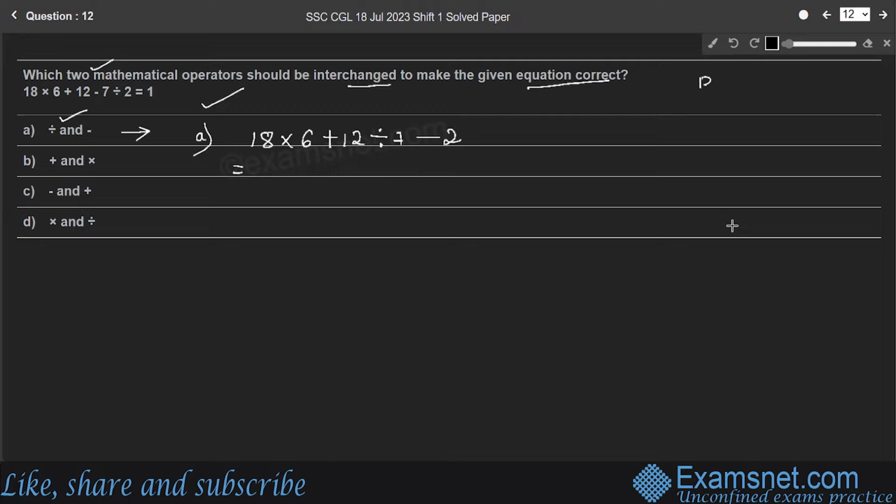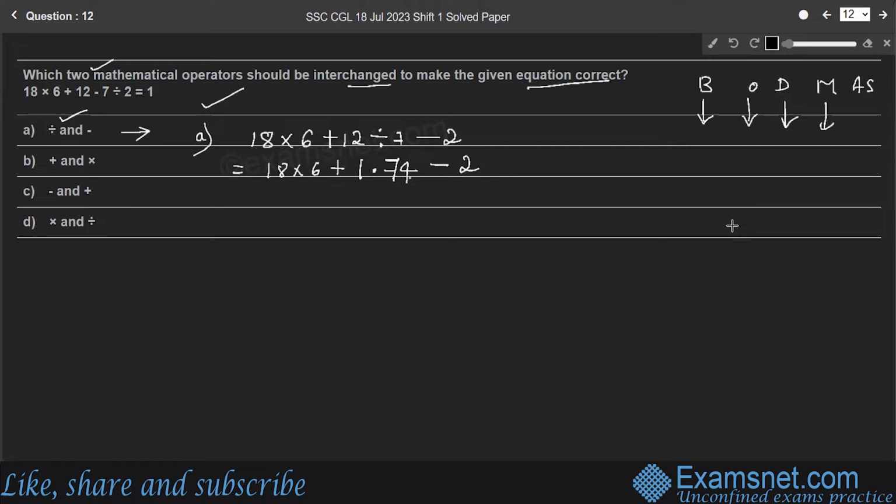So here students, we need to follow the BODMAS rule. There is no bracket part to remove, there is no of part, right? So we'll start with division. So 18 into 6 plus 12 divided by 7 is 1.7, right? So 1.7 something you will get minus 2.